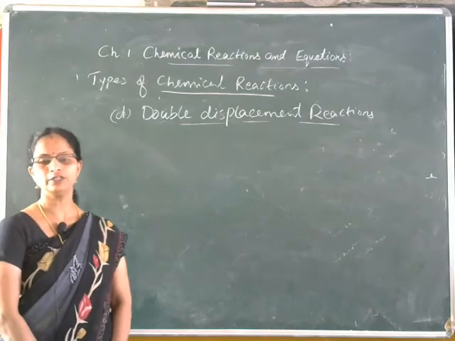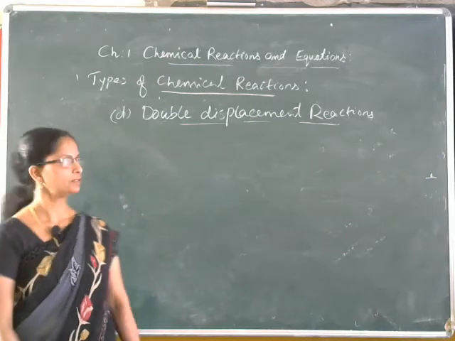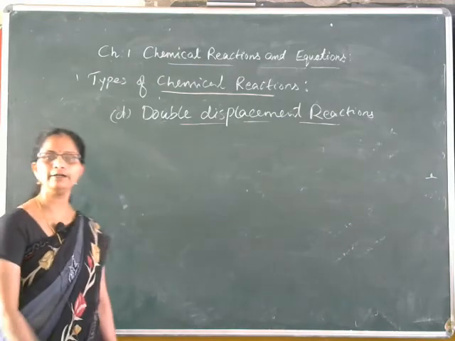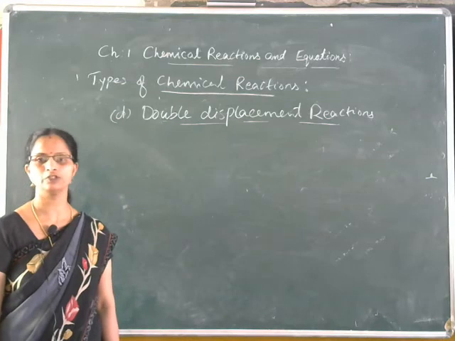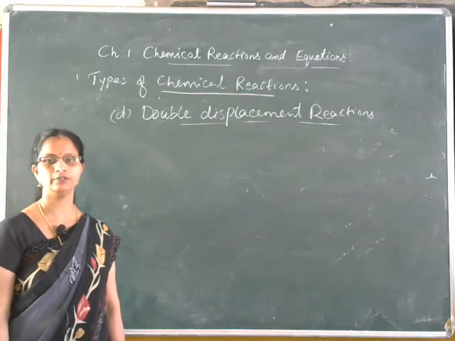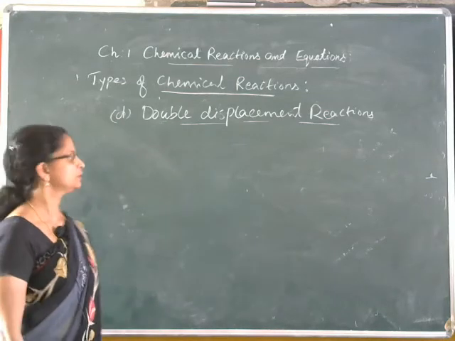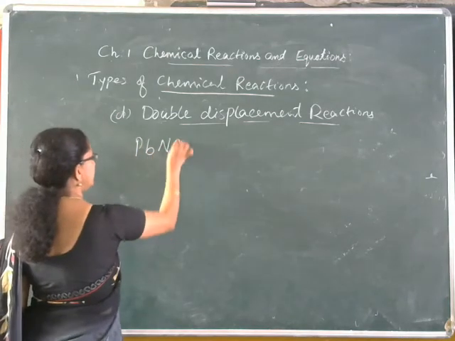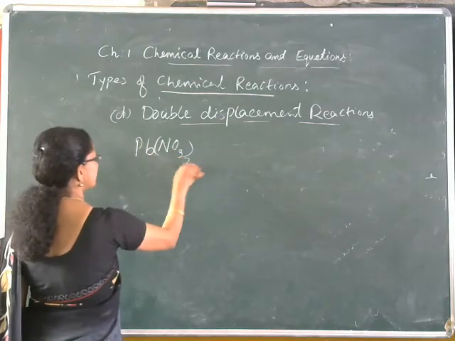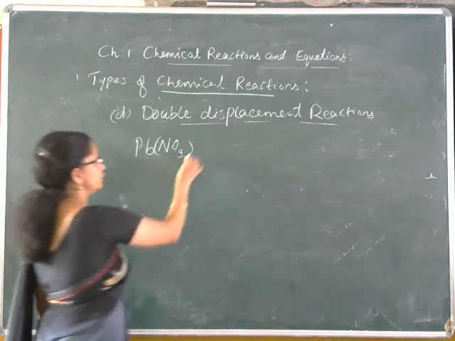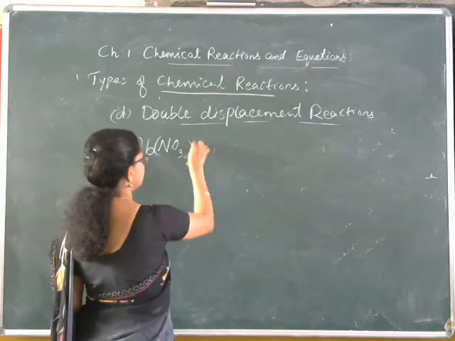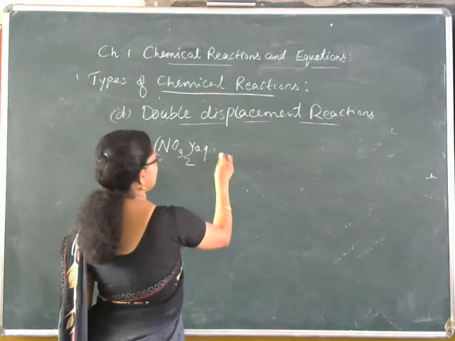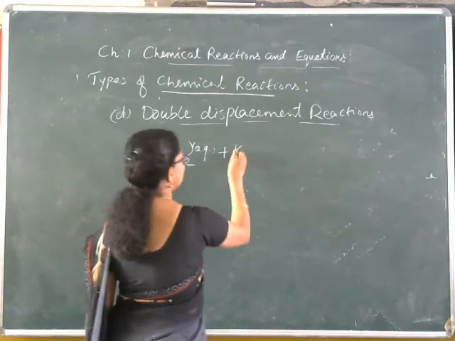Yesterday we have seen one example, that is the reaction of an aqueous solution of lead nitrate with potassium iodide. In that reaction, lead nitrate, Pb(NO3)2, combines with potassium iodide.